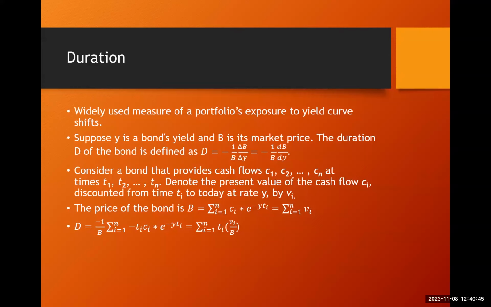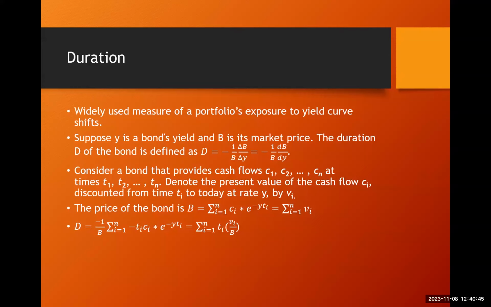So let's look at an example. You might be given a table like this and asked to compute the duration. You might only have the first two columns, and then you'd have to figure out everything else.